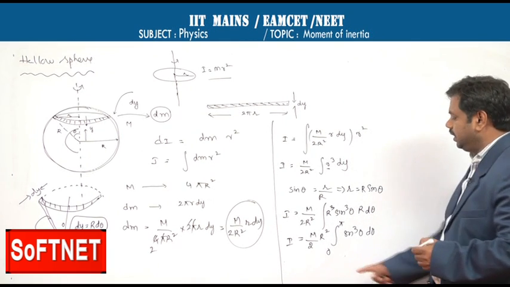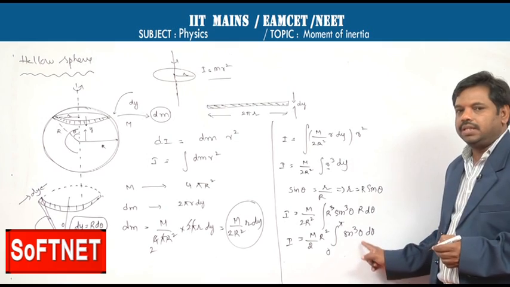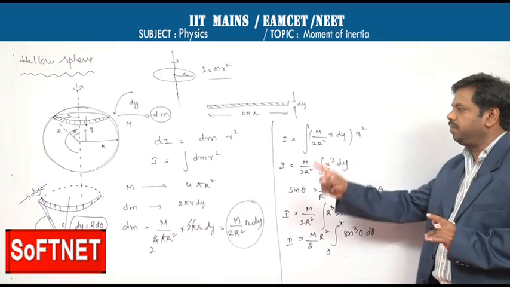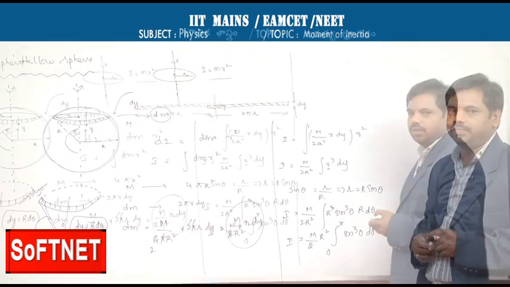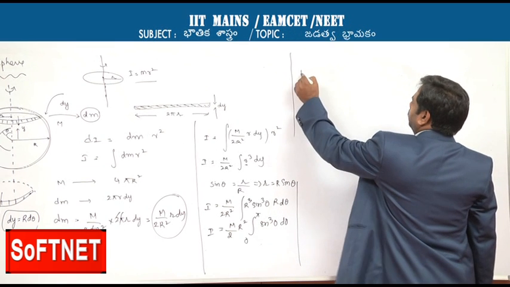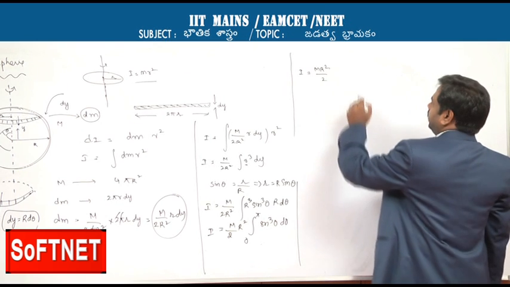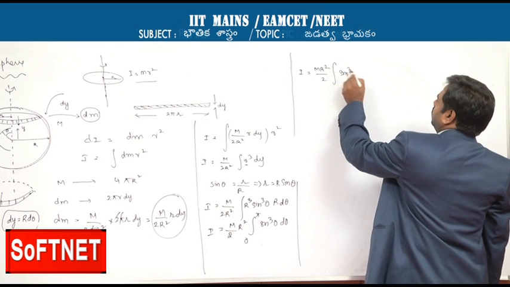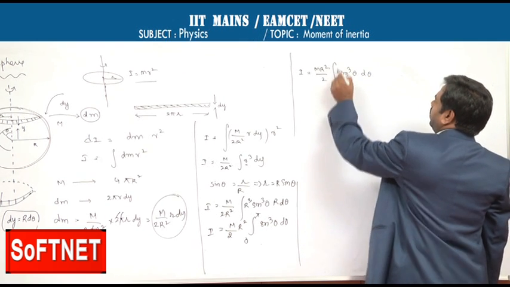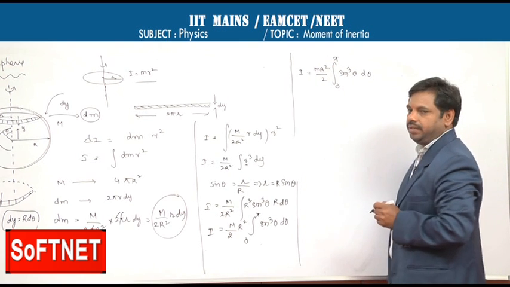Next we have to integrate this equation. Then finally we can find out the moment of inertia of the sphere. Now finally we got I is equal to mr square by 2 integration of sin cube theta d theta, limits 0 to pi.